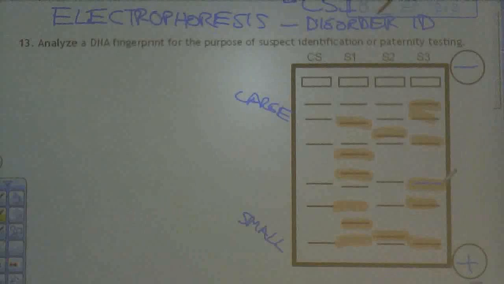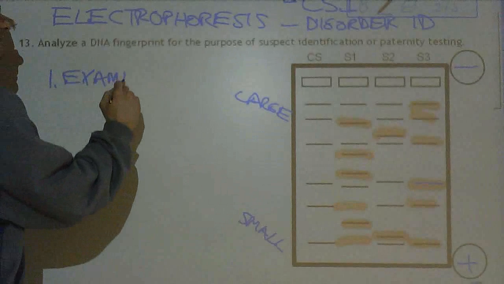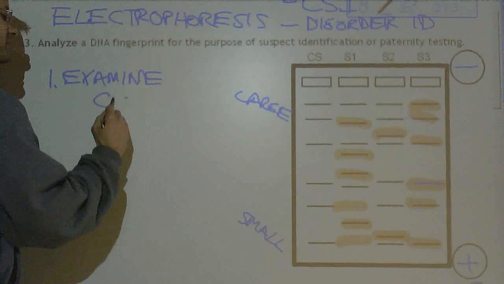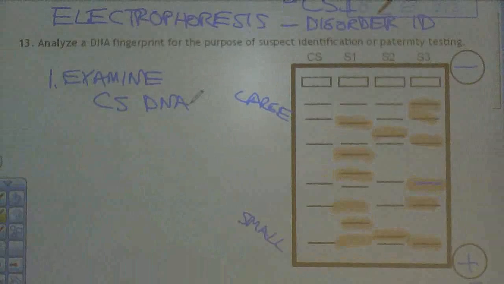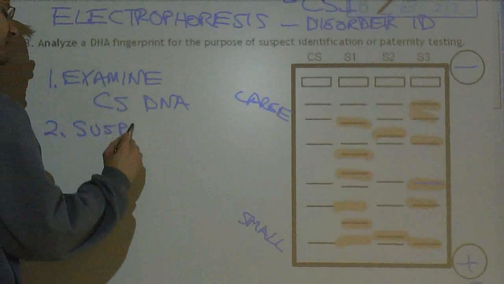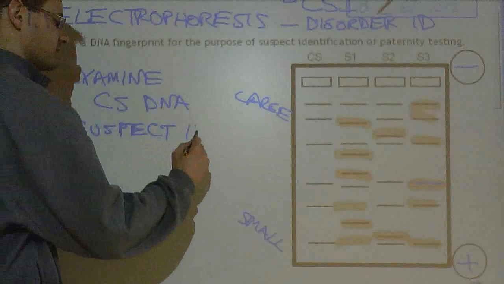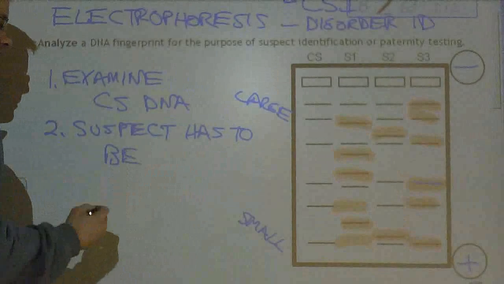So the purpose of suspect identification and paternity testing: we examine the crime scene DNA and compare it to all of our suspects. A suspect has to be a perfect match. It's the only way this is going to uphold in a court of law.